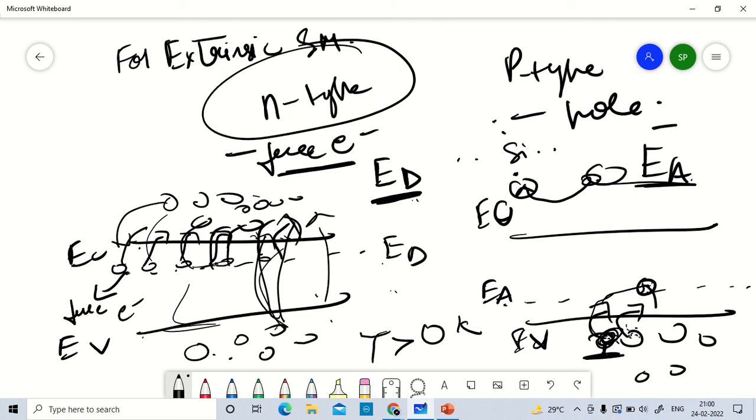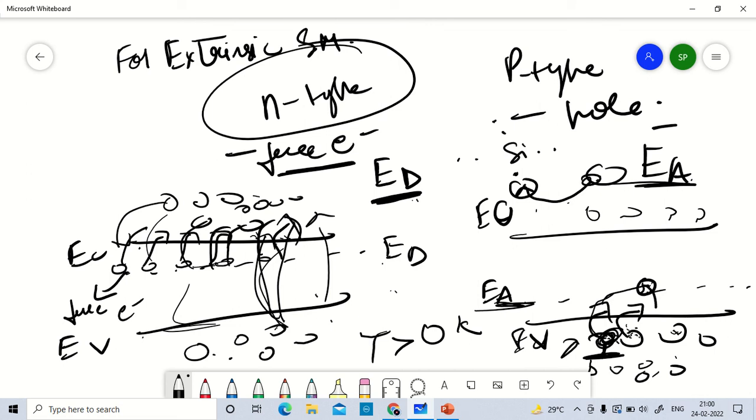Intrinsically no conduction occurs at room temperature, whereas over here the maximum number of holes in the valence band is due to the acceptor impurity, because at room temperature so many holes cannot be there in the valence band, since at T equal to 0 Kelvin electrons do not get excited to the conduction band.